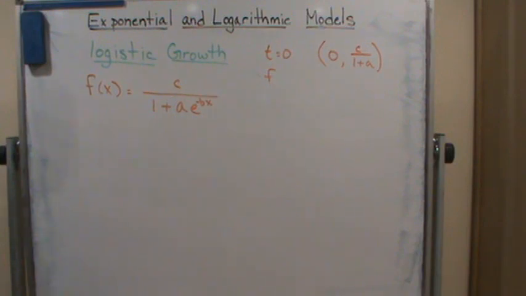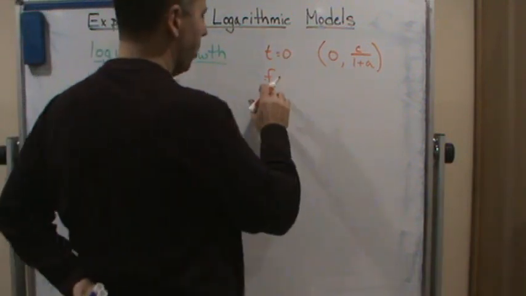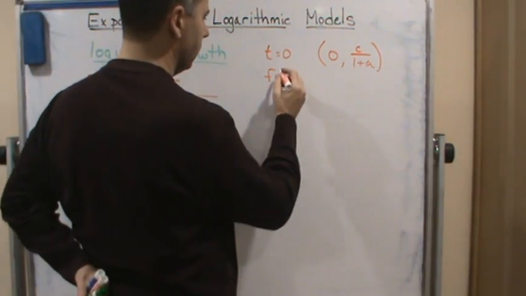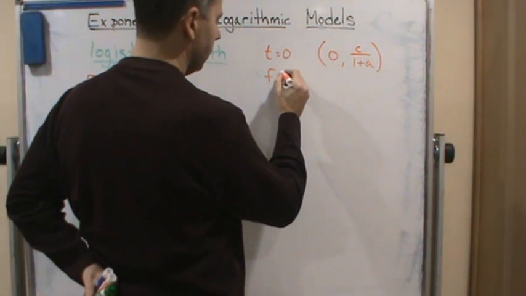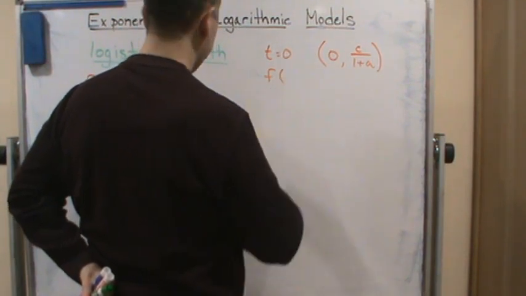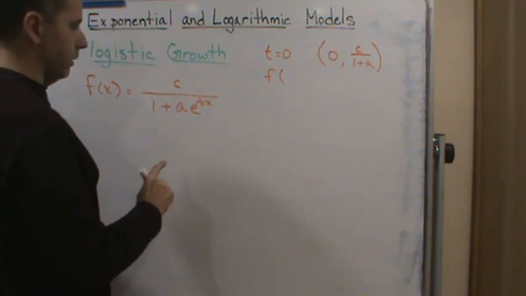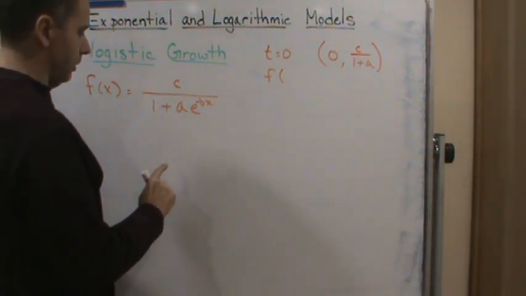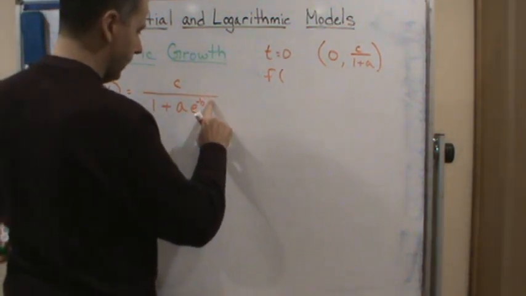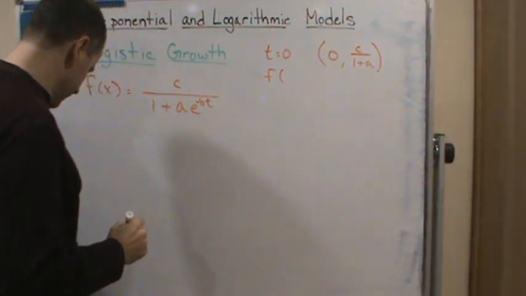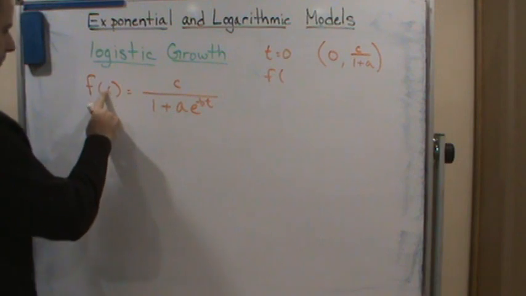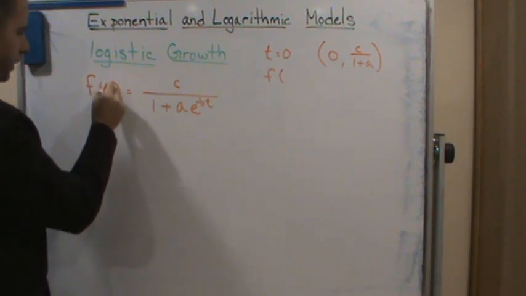So we know at t equals 0, the reason why I'm pausing is because they have x, and I believe the x should be t. I'm going to put t because we're talking about time, so I don't want to confuse anyone.